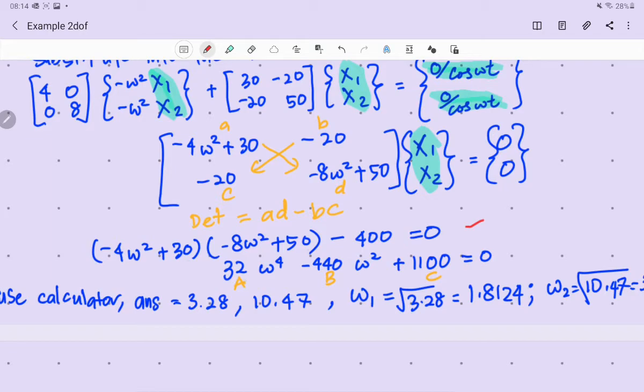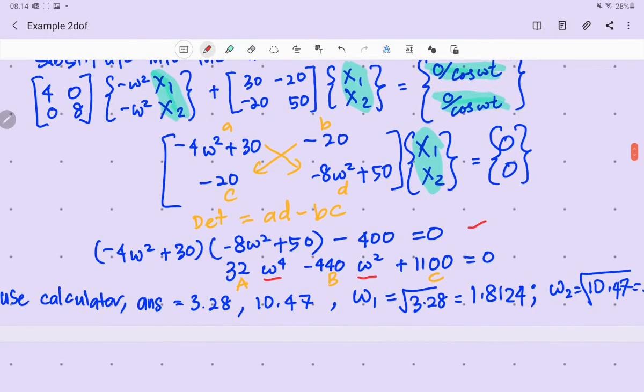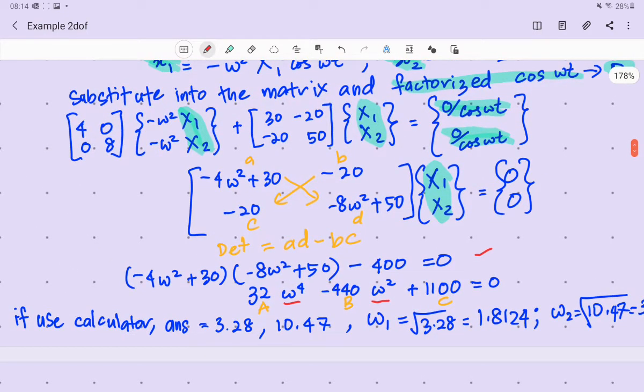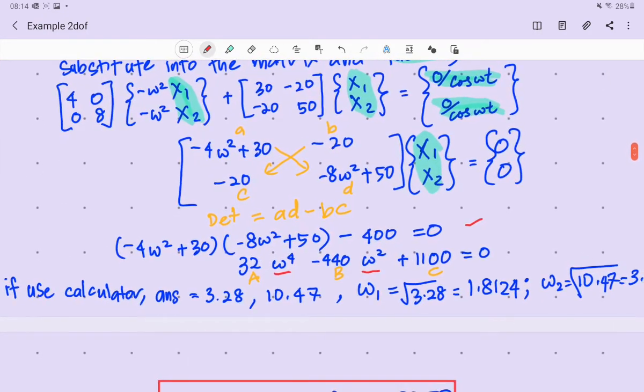And you have to rearrange. You can see that the power is to the 4 here. So when you use your calculator, you can put in the value of A, the value of B, and the value of C. Once you do that, you're going to get 2 answers.